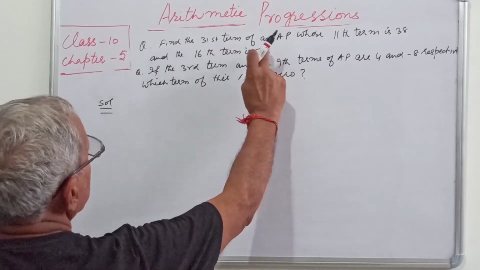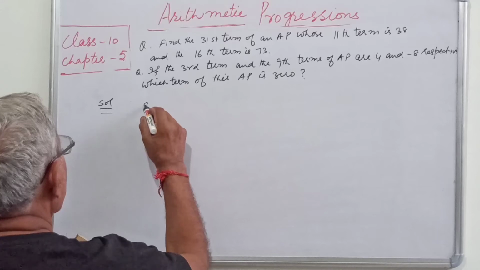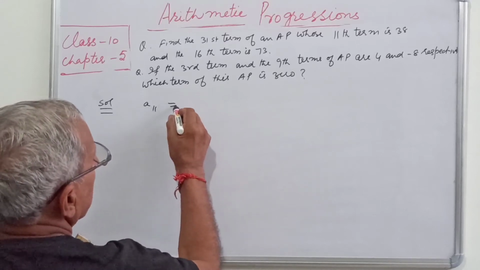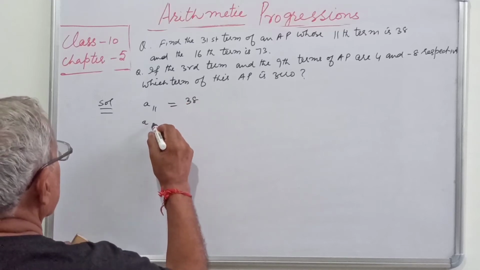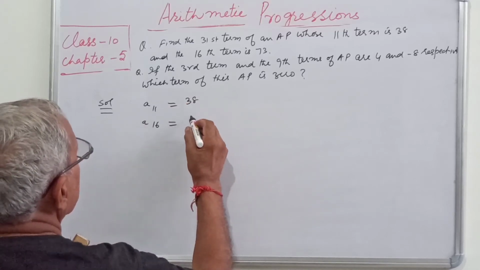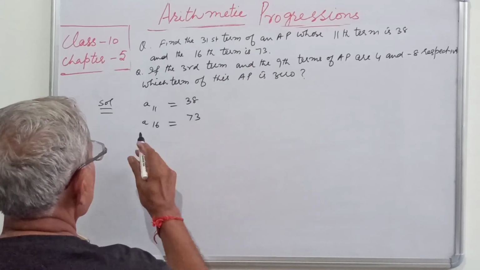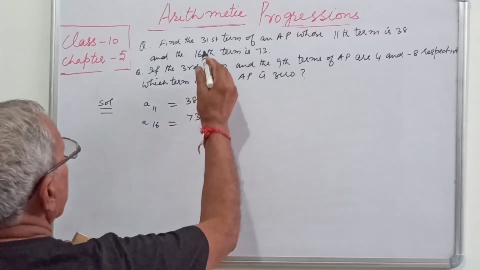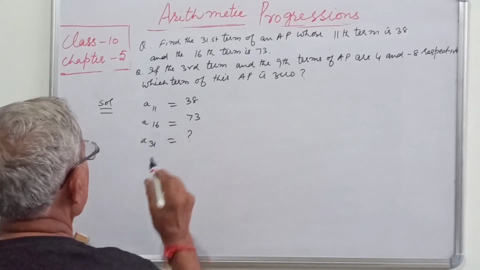So we have to find the 31st term. The 11th term, A11, is 38 and the 16th term, A16, is 73. So use the formula and we have to find A31.